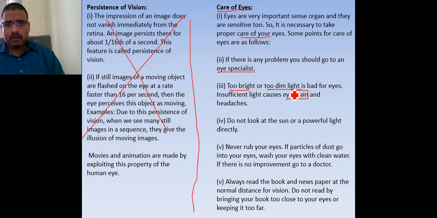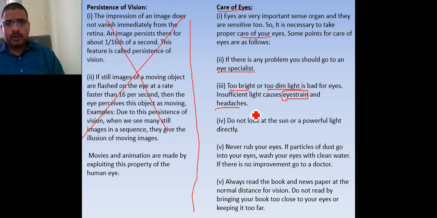Basically the eye gets affected, and whenever the eye gets affected, there is a problem called headache. Do not look at the sun or powerful light directly. This is the major important point which you must always remember.